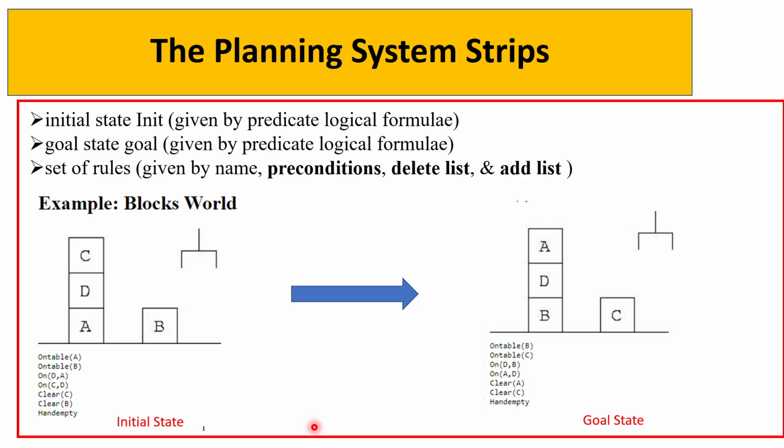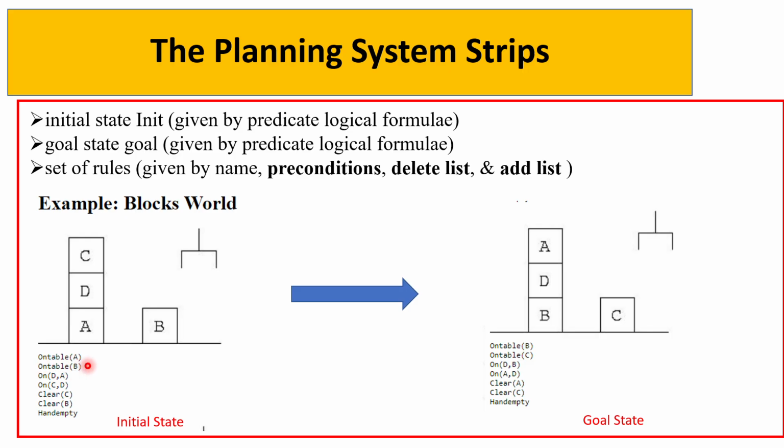Then planning systems: an initial state, a goal state, and a set of rules. Here this is the initial state we have, and this is the goal state. How do you reach this goal state from the initial state? First, how do you describe the initial state of this blocks world? On table A: yes, A is kept on the top of the table.